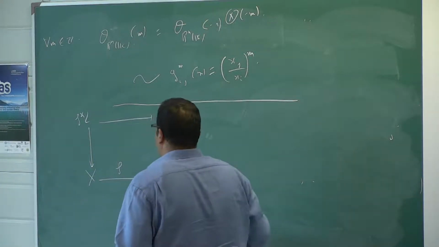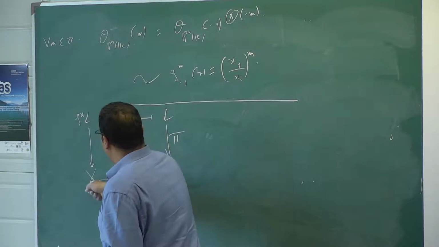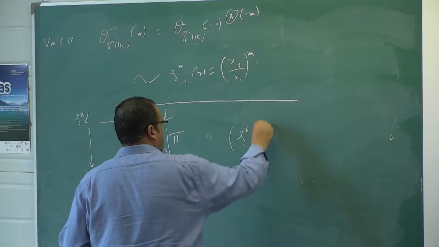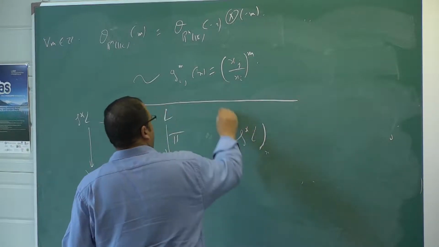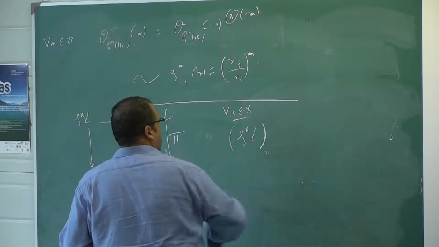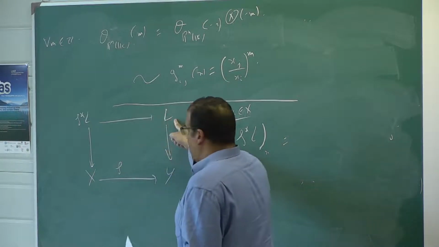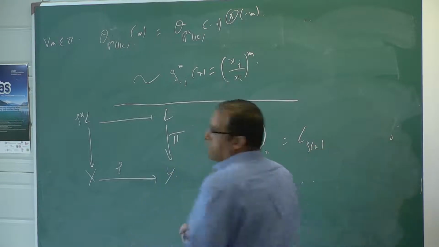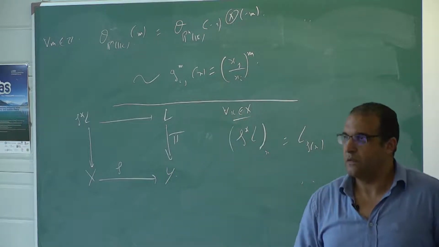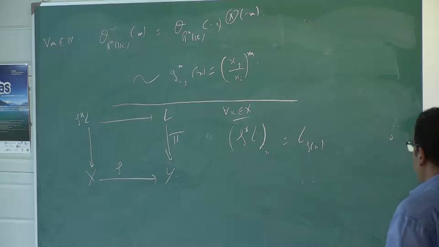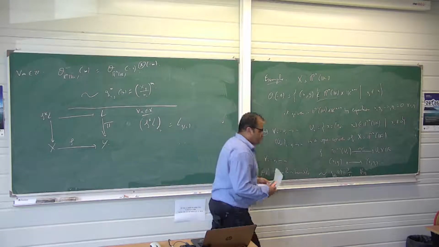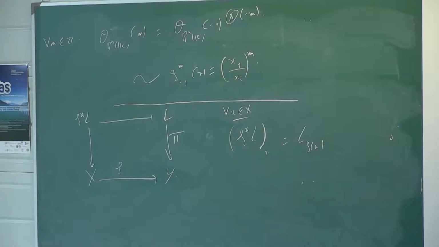Roughly speaking, it's the line bundle over X such that the fiber over a point x is the fiber of L over the point f(x).